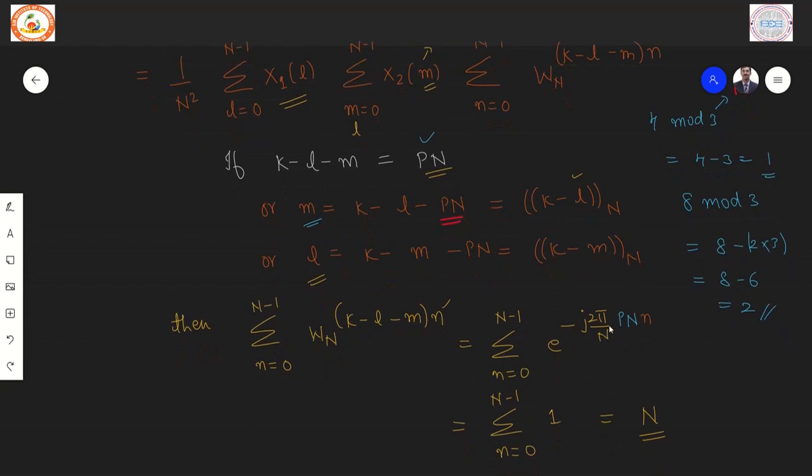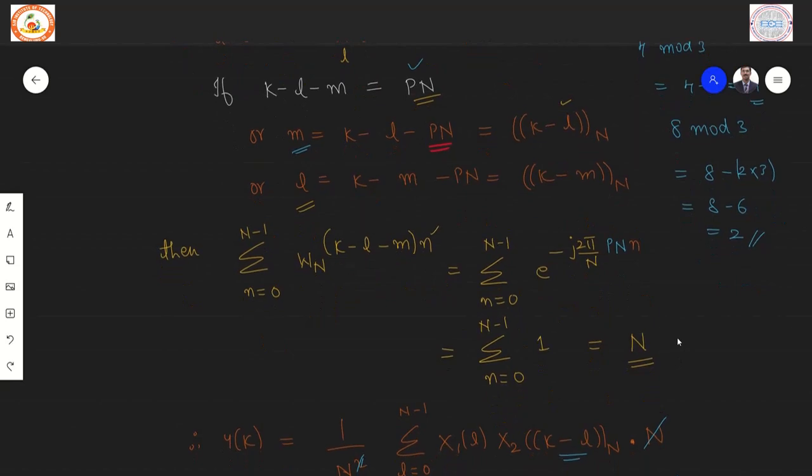This results in cancellation of N, and we have an integer multiple of 2 pi, which results in an answer which is 1. Now, the summation n from 0 to N minus 1 has N terms. So N times when we add 1, the answer is capital N.